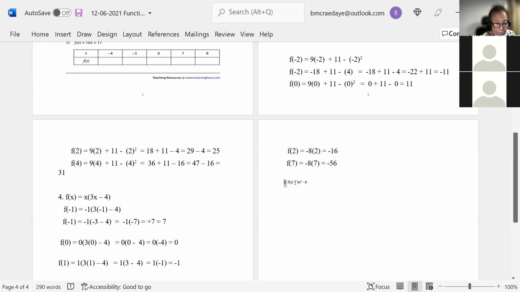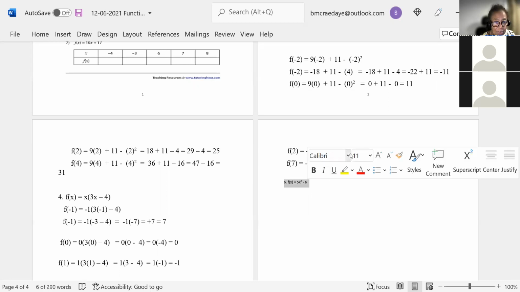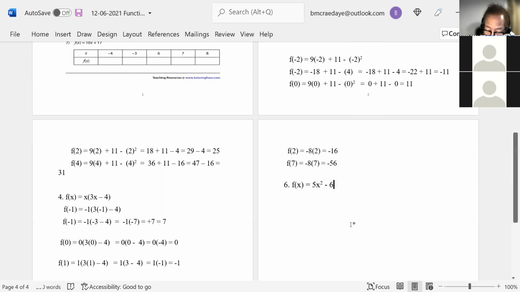Okay, so let's just make this big so you can see it. And the first input is what? -3. First input is -3. So that's 5x squared minus 6. So wherever you see the input, you want to put a -3. Okay, so let's just copy this and put in the -3, and you tell me what you get.